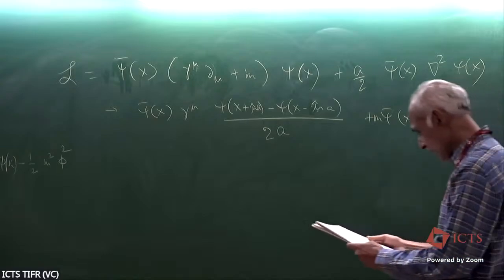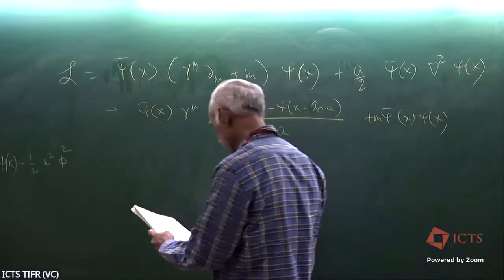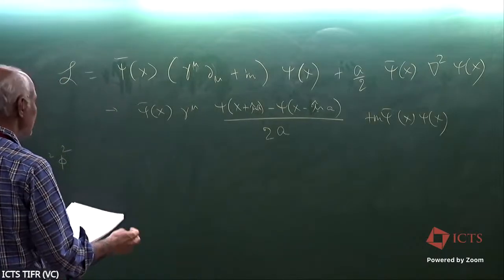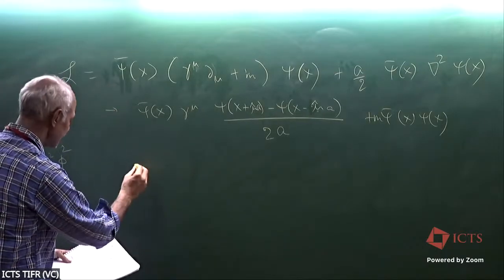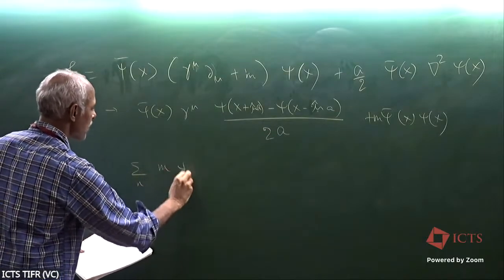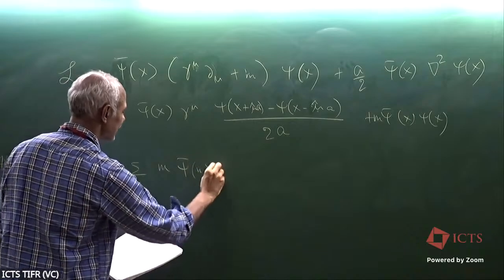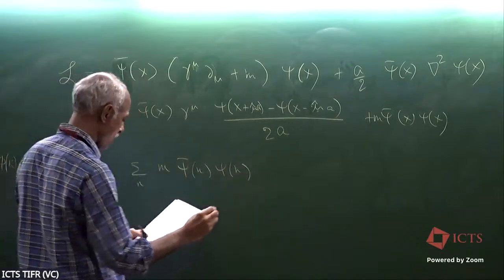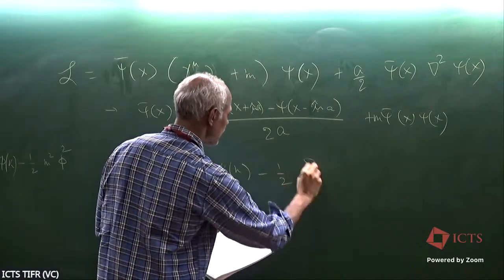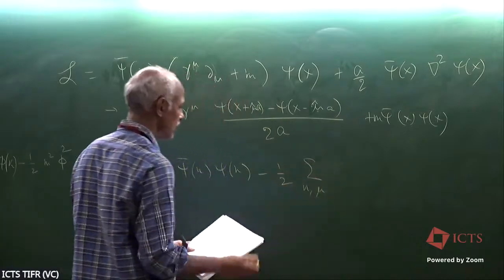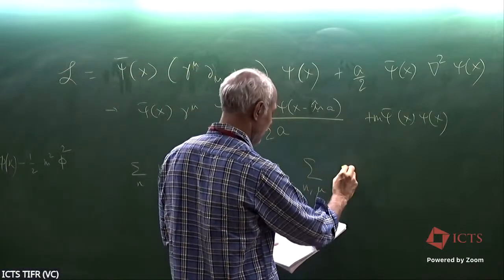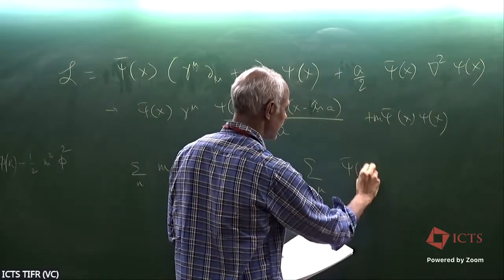So if you put all of that together, you will get something like a Lagrangian, which will go like summation n, mu are the directions, 4 space-time directions.